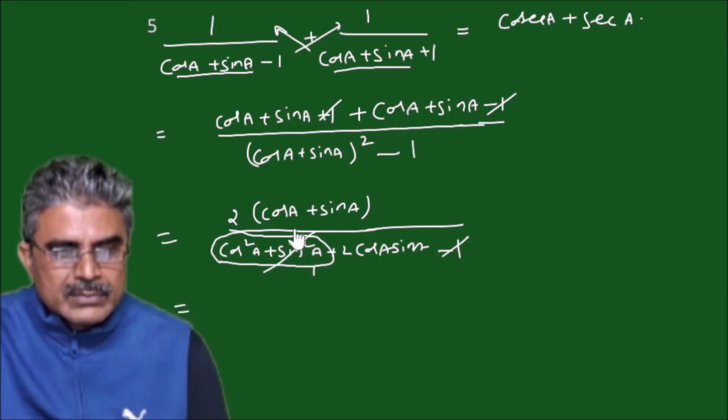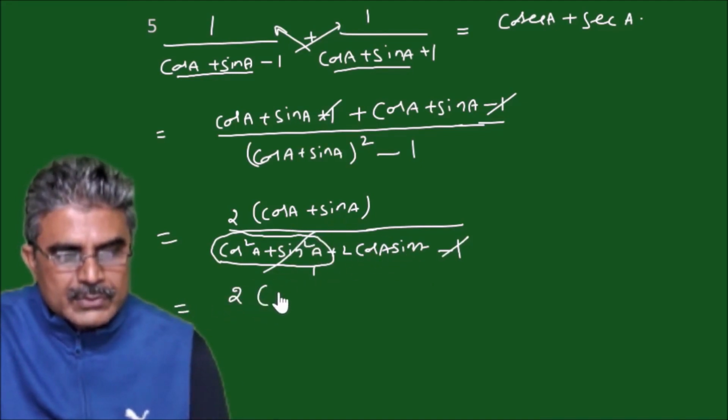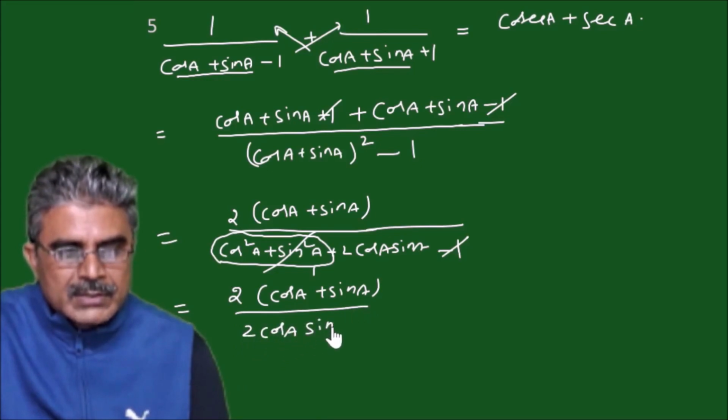So you will have 2 into (cos a plus sin a) divided by 2 cos a sin a. 2 gets cancelled.